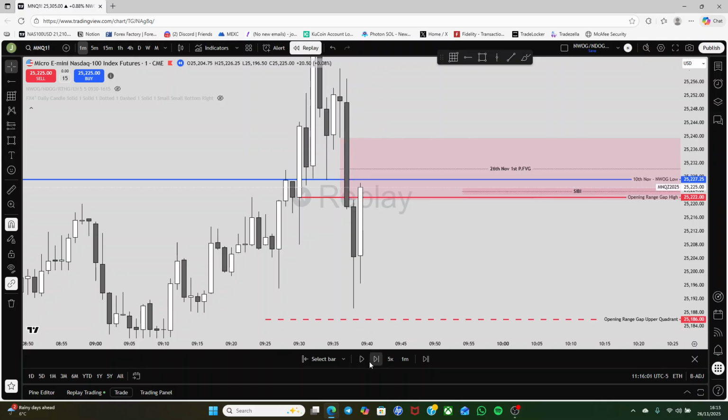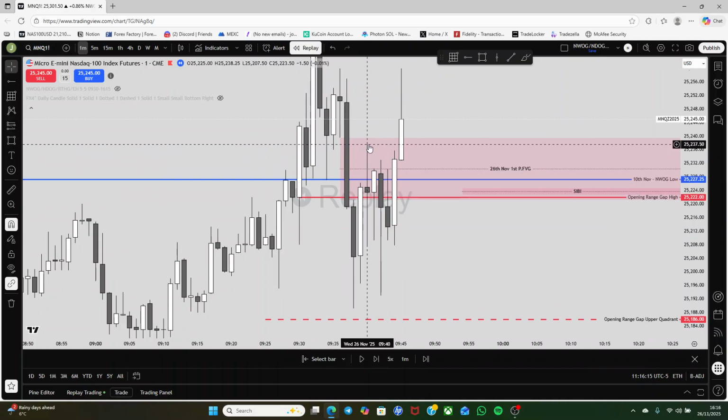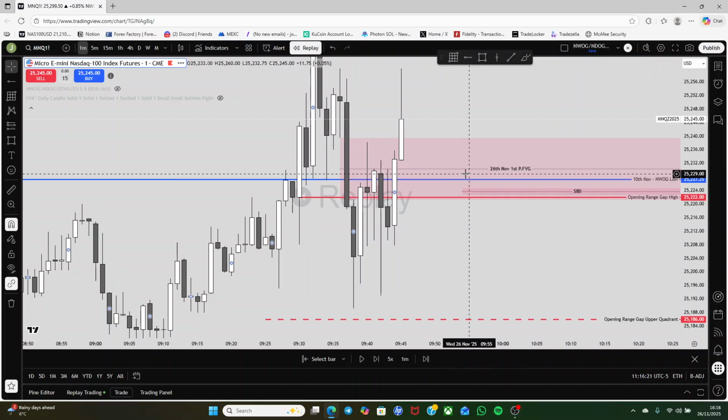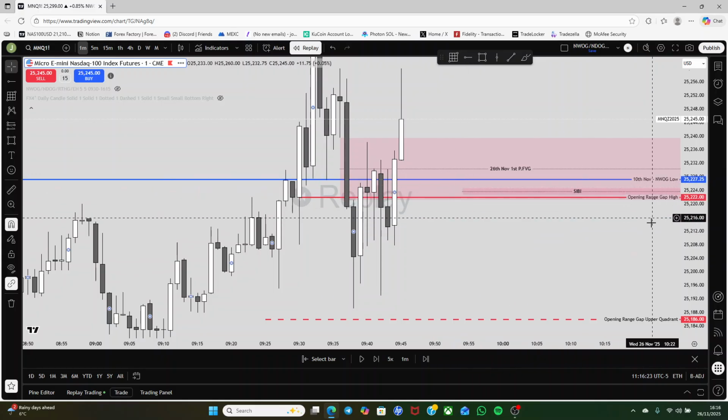We tap into it, continue to tap into it. But we then close above it. I mean, as soon as we get this candle at 9:40 and we leave literally nothing on the gap left, I'd be hands off and not touching it.